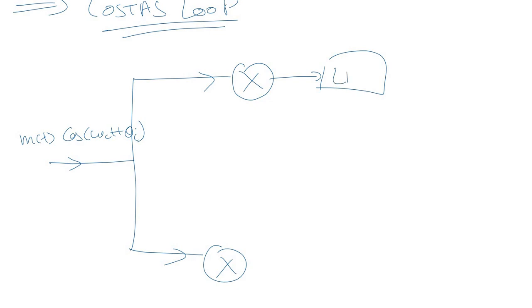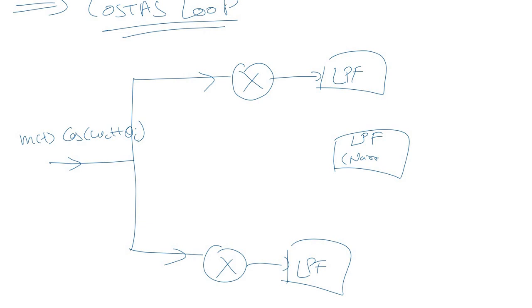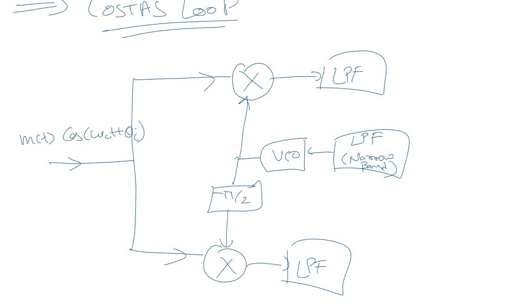And we have a low pass filter here, a second low pass filter here, and again a low pass filter which is narrow band. And this gives the input to the VCO, voltage controlled oscillator, and one of the outputs is given to the upper branch and the other with the phase shift of pi by 2 is given to the lower branch.